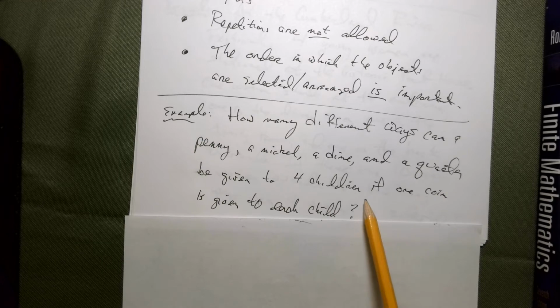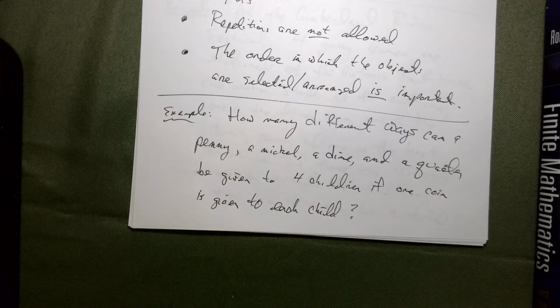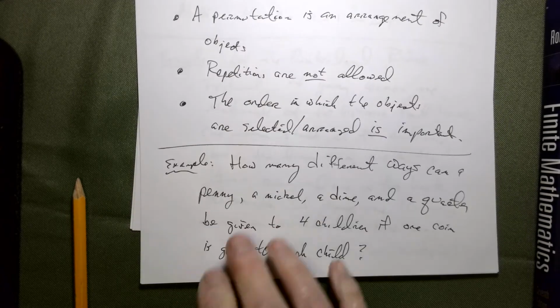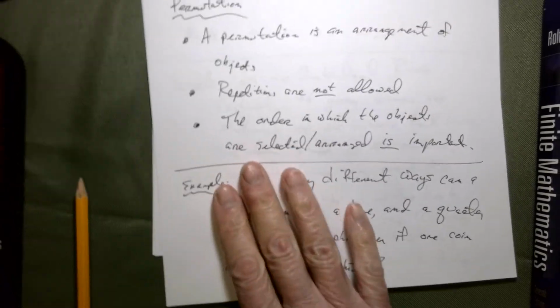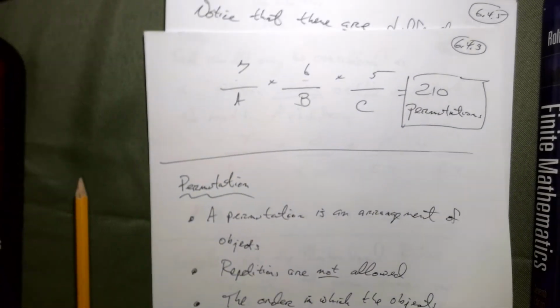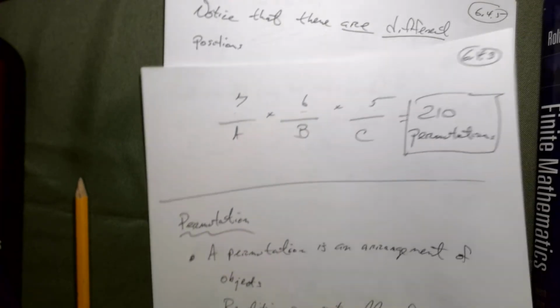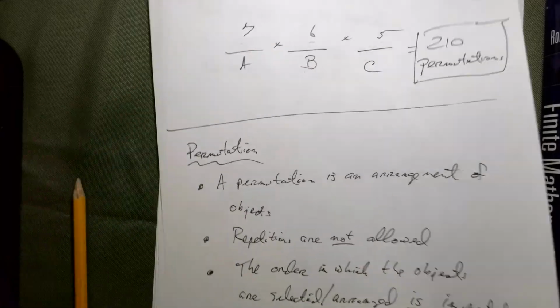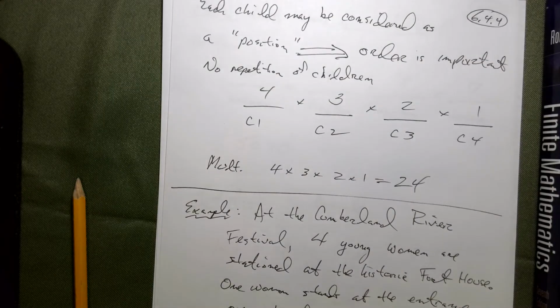And we have 4 children. Obviously, we don't have 2 of the same. They're all different people. So definitely some order has got to be important here, because you can give, for example, Mary a quarter or you can give her a penny. Those are two different situations.